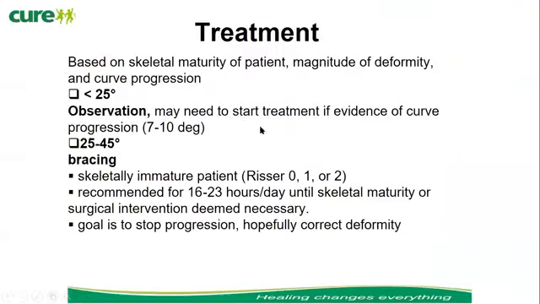Initially, up to about 40, 45 degrees, people would do bracing or conservative treatment. And when you go beyond 45, 50 degrees, because the curve is more severe, surgery is undertaken. The goal of surgery is to stop curve progression, but with improved instrumentation, people have also been able to achieve quite a lot of correction and improve the cosmesis, balance and shoulder balance.